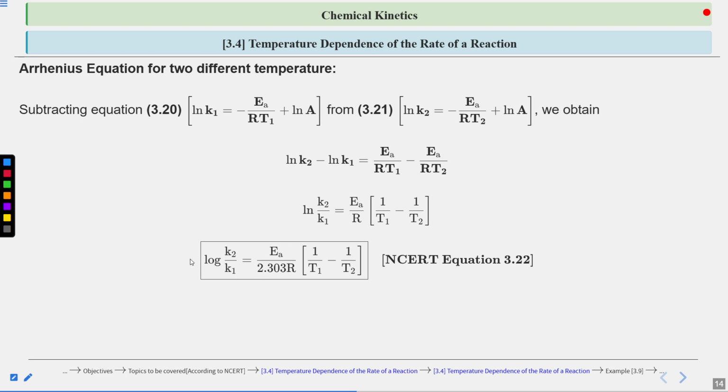When you do the multiplication, the 2.303 on the left hand side goes to the denominator on the right hand side, and the rest are the same. So log K2 by K1 equals EA upon 2.303 R times 1 by T1 minus 1 by T2. This equation is NCERT equation 3.22. Now log of K2 by K1 is equal to EA upon 2.303 R multiplied by T2 minus T1 upon T1 T2. We just take the LCM inside the bracket.